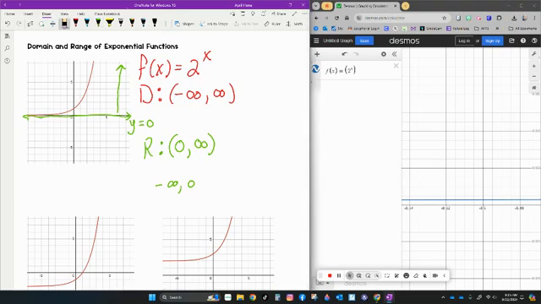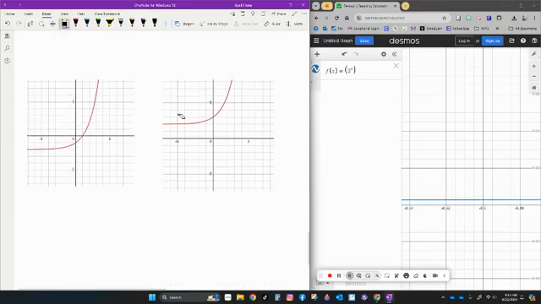So I'm going to do a couple more of this concept of domain and range for these functions. Here we have two of them. You can see they are shifted. This first one is f of x equals 2 to the x, and then we have a minus 2. This minus 2 is important because it tells me where that asymptote is.